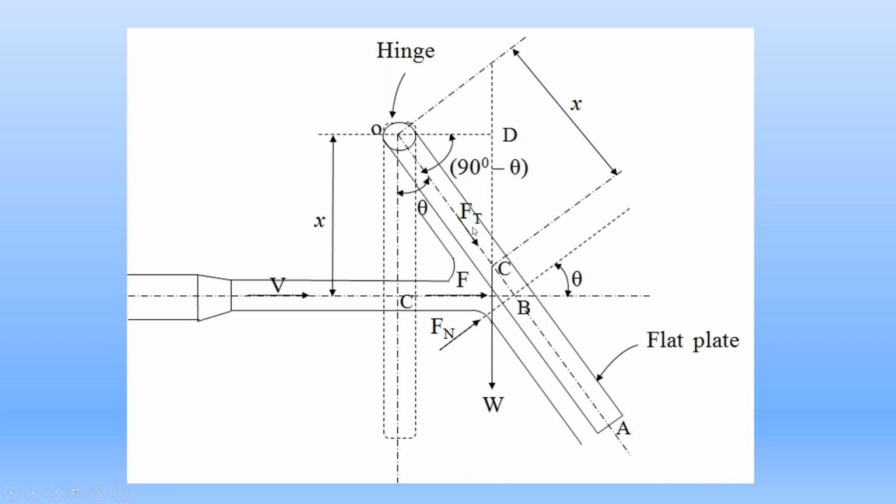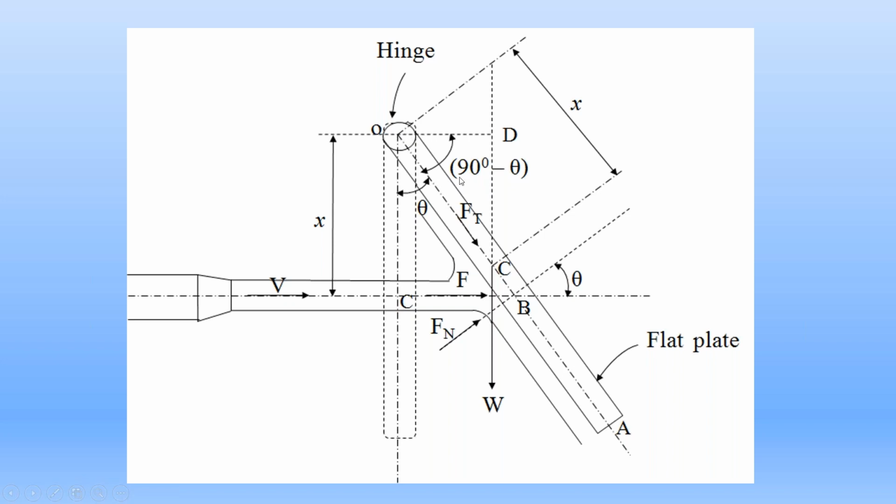Take this right angle triangle OCD. In that OCD right angle triangle, the length OC is X. We require this length OD. Since we require the length OD, take cos 90 minus theta in the right angle triangle OCD.